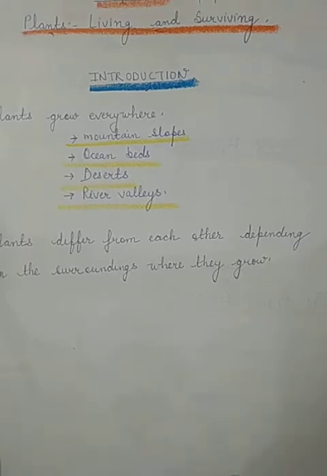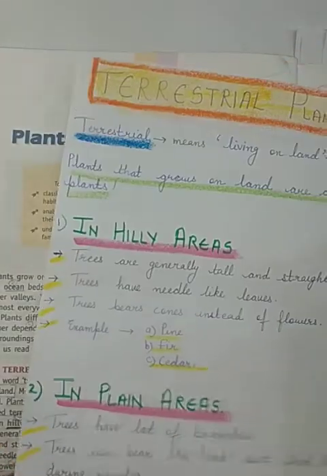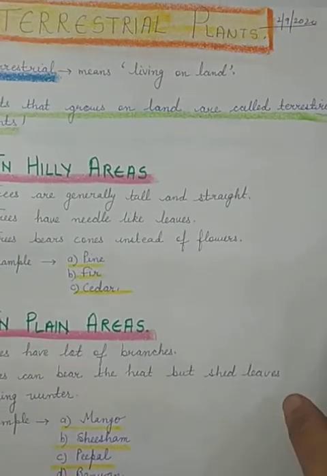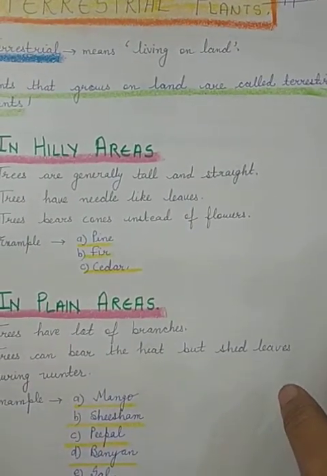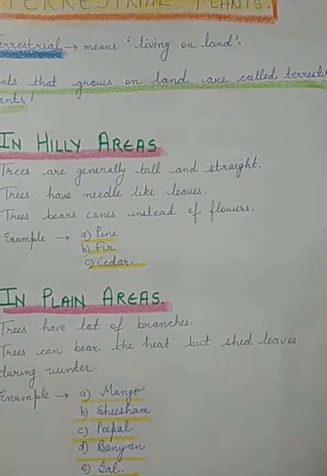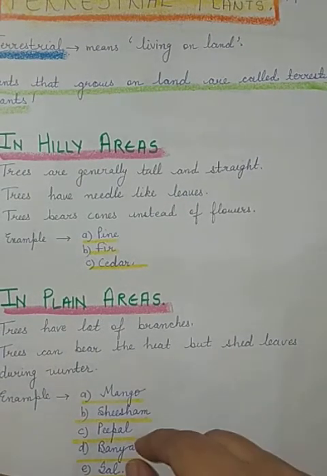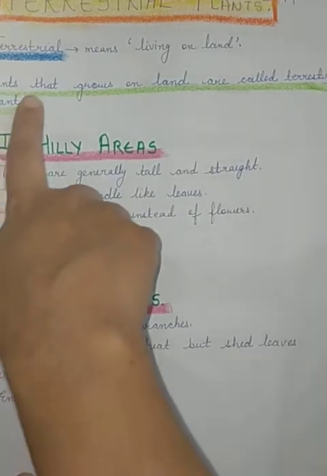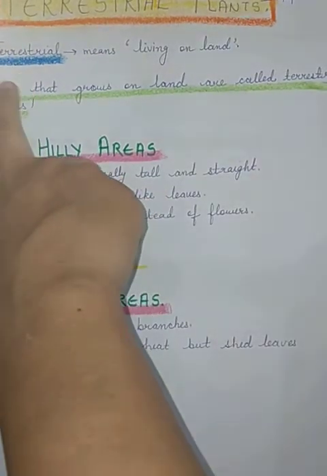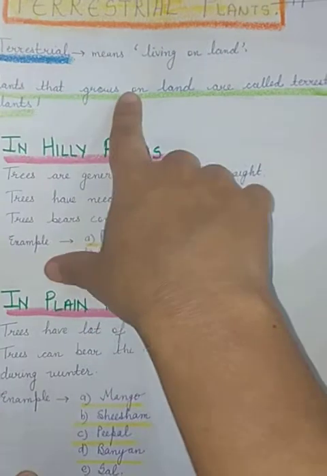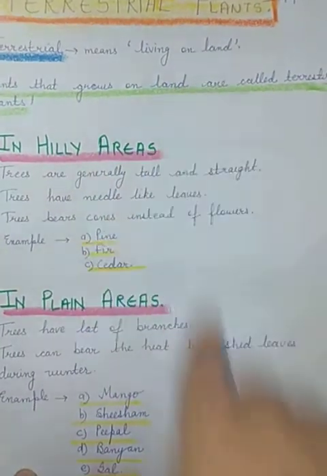So the first topic is terrestrial plants. This is a very easy topic, and these are the points I have written, and you can see all these points in your book also. First of all, coming to the word terrestrial: what is the meaning of the word terrestrial? It means living on land.